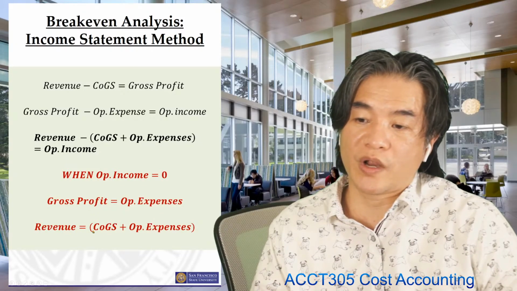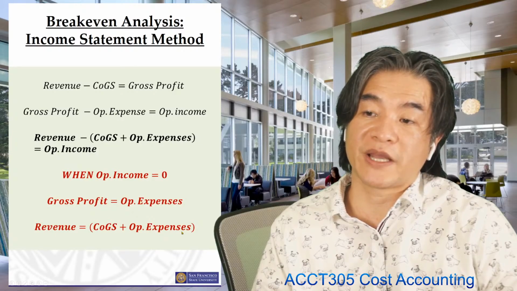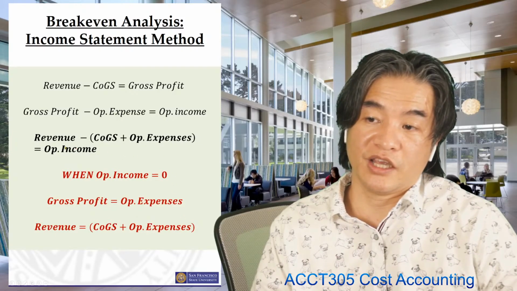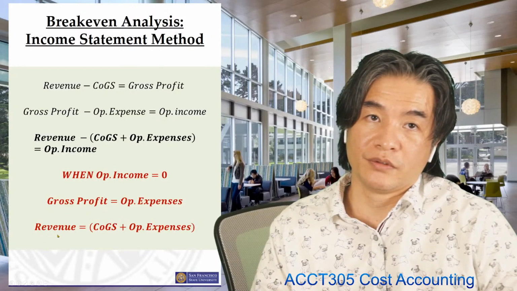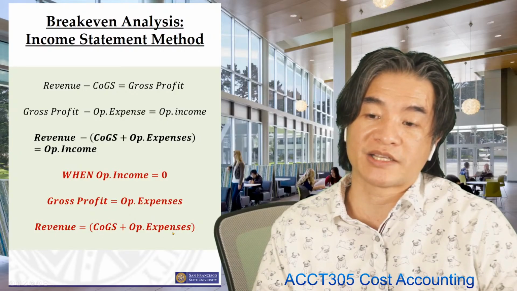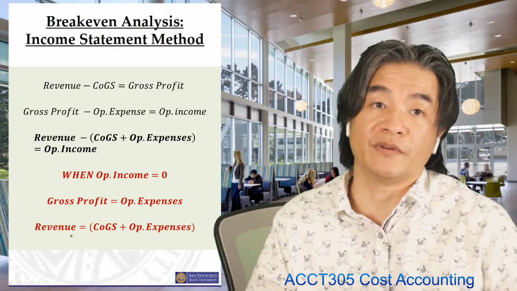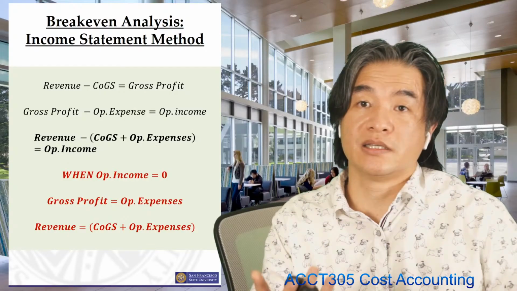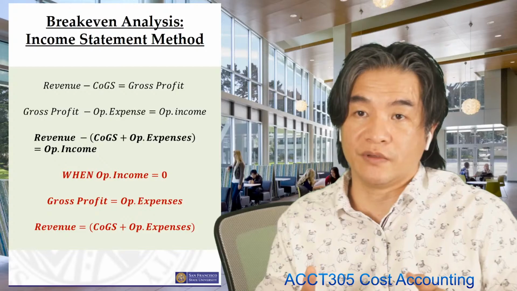When the revenue equals cost of goods sold plus operating expenses, operating income becomes 0. The benefit that you received, which is revenue, and the resources you have sacrificed, cost of goods sold plus operating expenses, equal each other, we have break even. Okay, so that's the income statement method way of looking at break even.